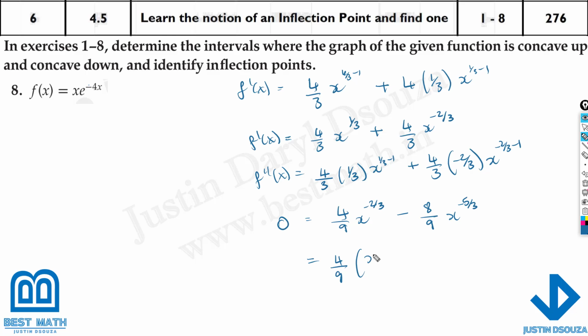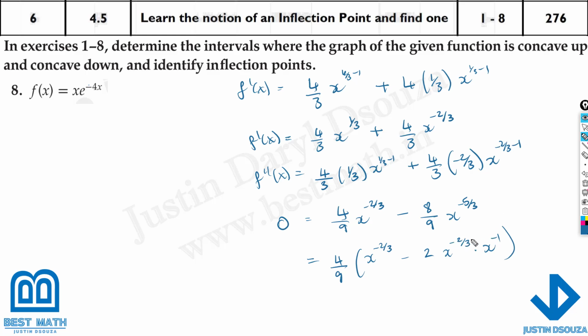Let me write it out over here. X minus 2/3. Over here, what's remaining? It's just 2. And this can be written as x minus 2/3 into x minus 1. Why is this? Because if you add them up, 2/3 we just did it up above, right?